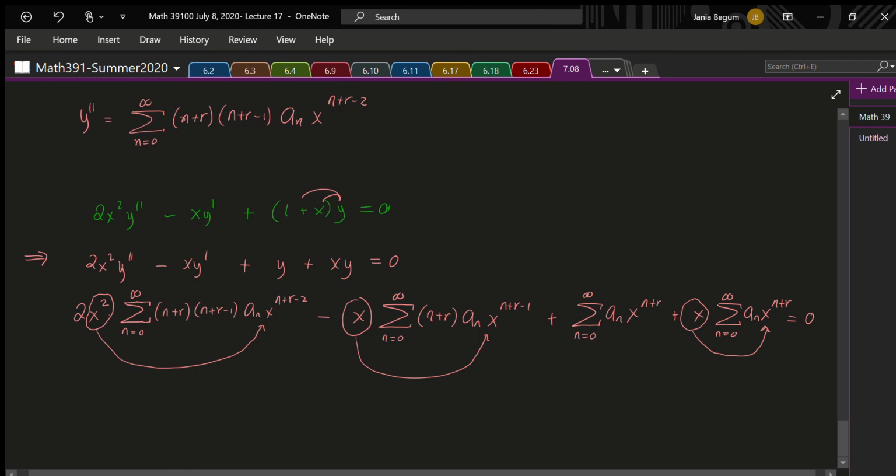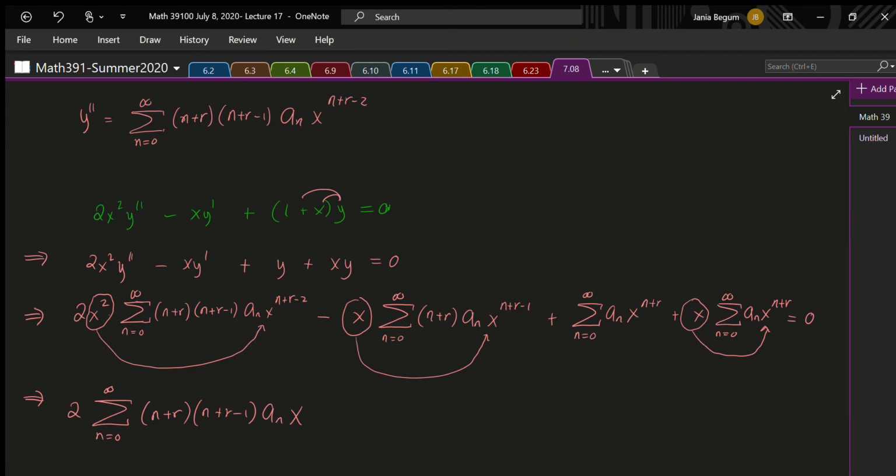So check this out. We have 2 times the sum n equals 0 to infinity, n plus r times n plus r minus 1, a_n x to the, well, now the power of x is going to get modified. We have a positive 2 and a minus 2.